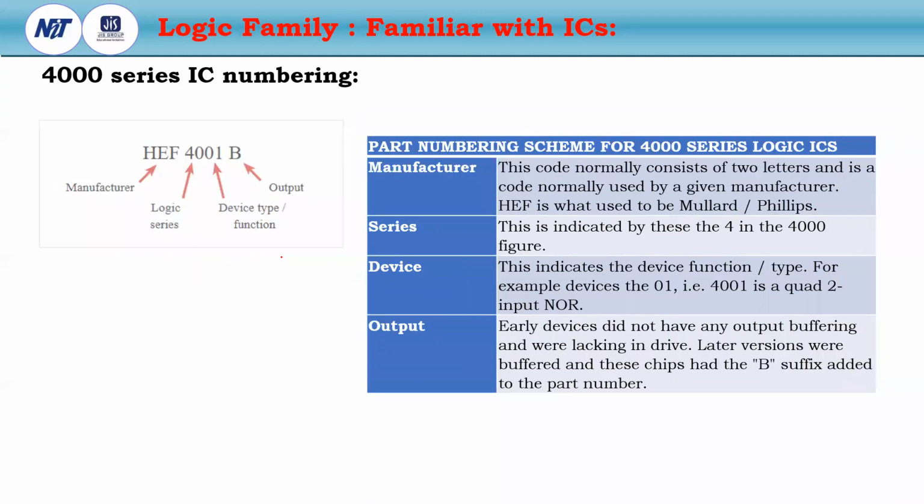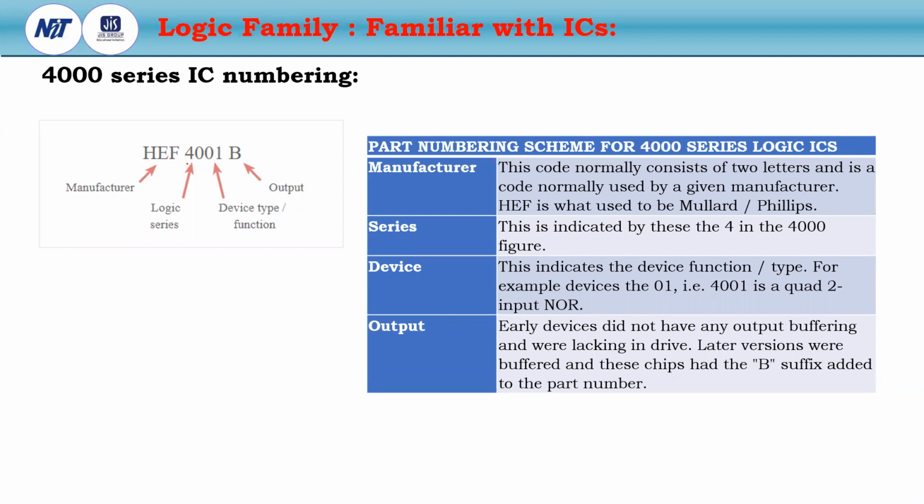Now if we come to the 4000 series, these are the MOS families. Here the HEF 3-digit code signifies the manufacturer's name, and it is mainly used for Philips chips. The series is indicated by the 4 in the 4000 figure.